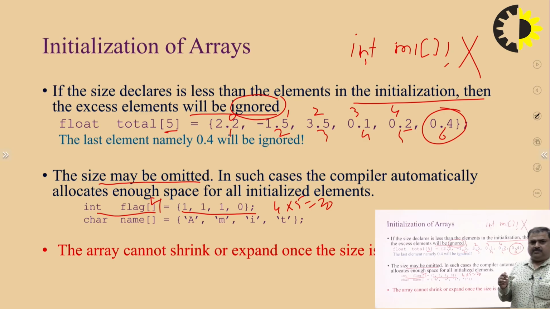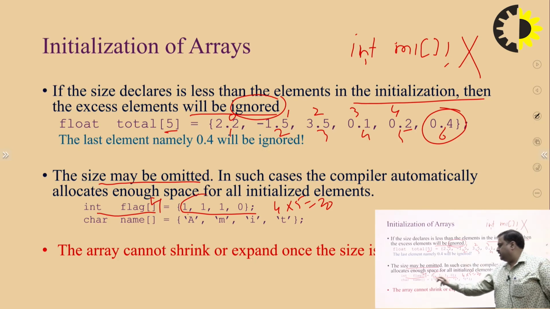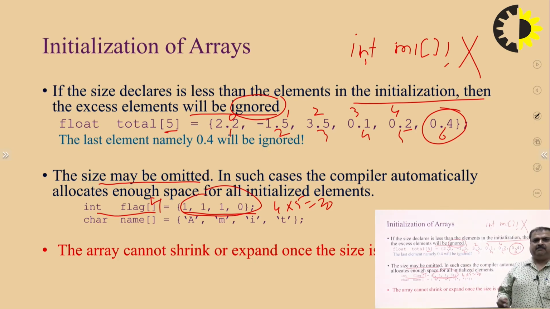Whenever we declare an array without giving its size, the compiler will not be able to reserve any memory space. It does not know what space is required as we have not given the size. But if we have given the values, the compiler will automatically understand that these 4 values are passed. That means for integer values, 20 bytes are required, so the size of the array will be set to 4, 20 bytes will be reserved, and these values will be initialized into that. I hope you understand.